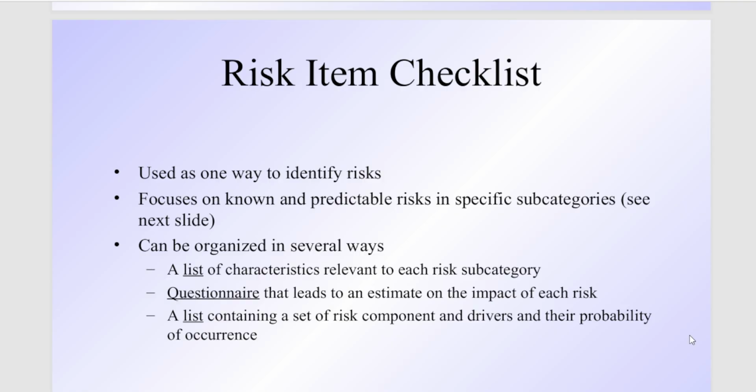Another way is a list that contains the components of the risk, the drivers, and the probability of occurrence. So you can have a checklist of the risk items along with the probabilities and the rank that you create, and you create this checklist because you don't want to miss out any single item that is flagged as risk.